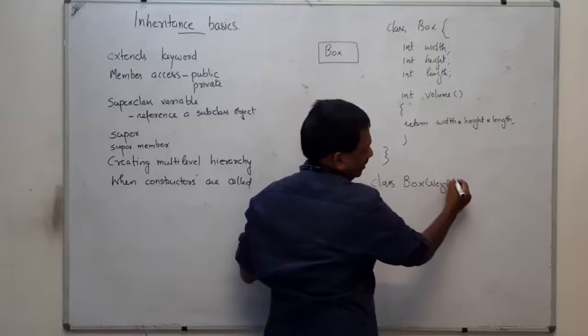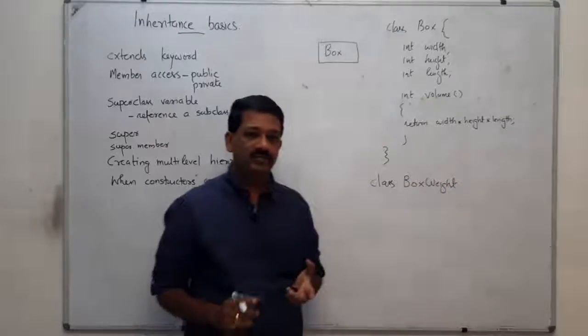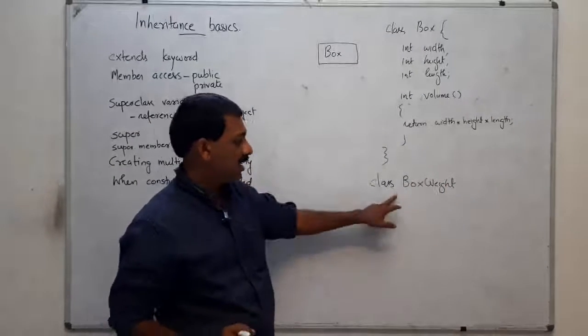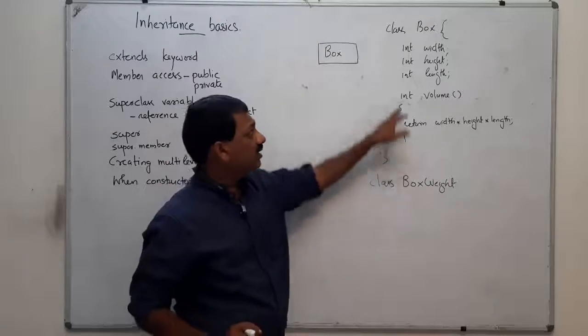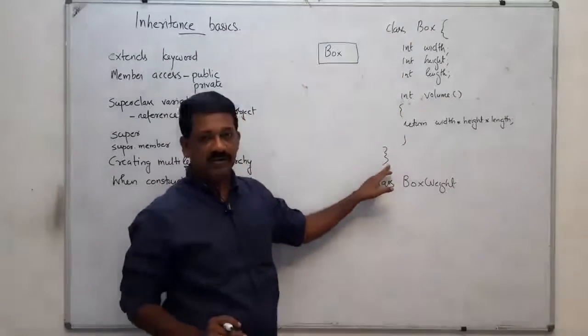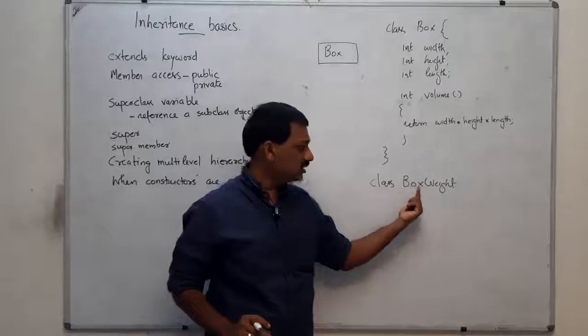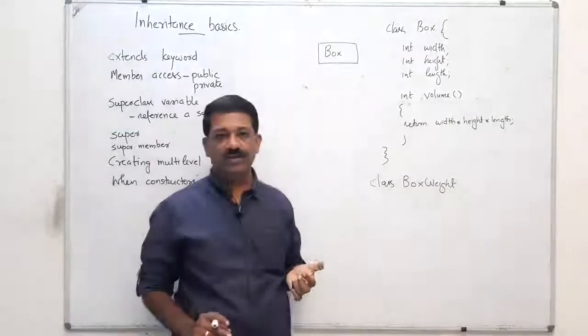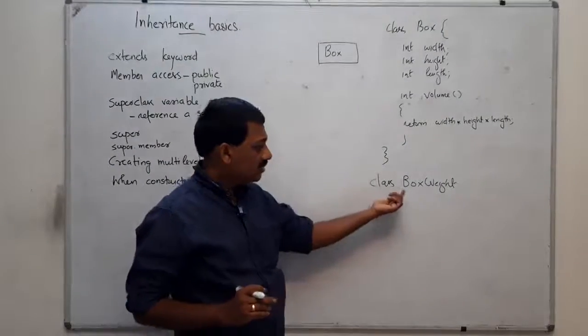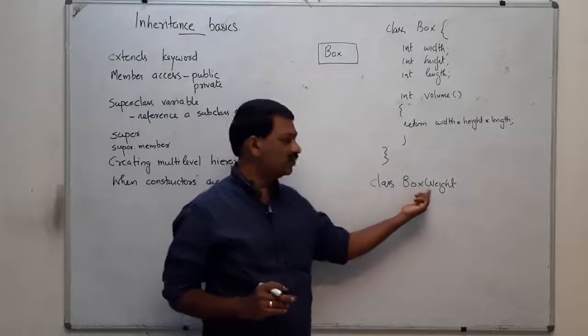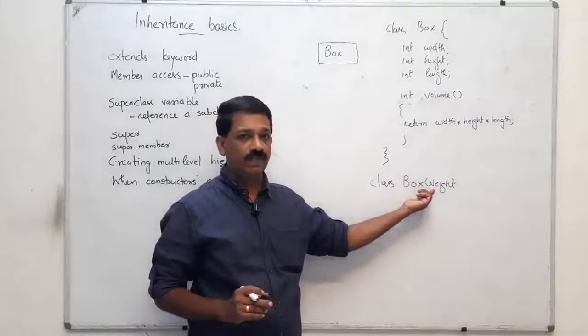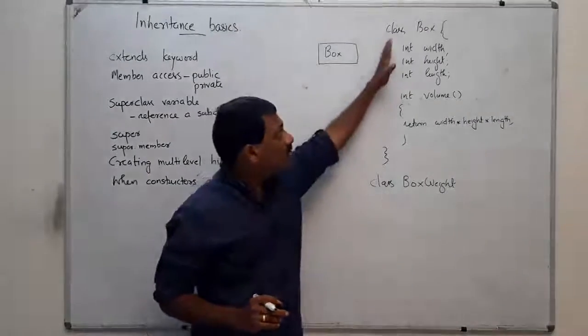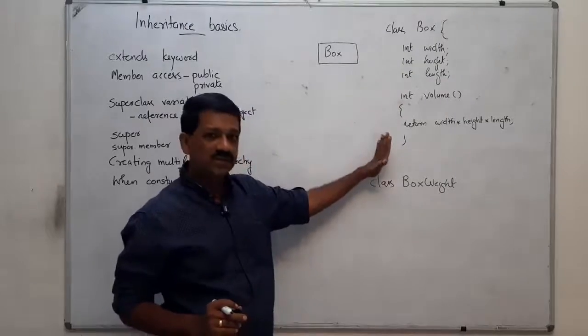Box weight means a box with weight. A box with weight means that it is inheriting all the properties of this box. That means this box has weight also. So box weight means a box with the weight property also.